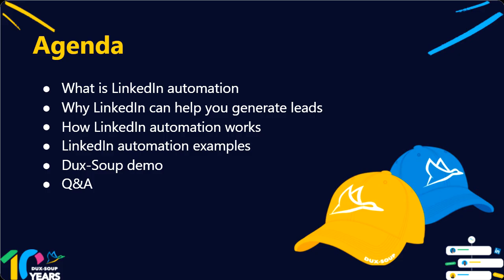Giles has got some terrific examples. He's got a wealth of experience in setting up, managing, monitoring, improving and tweaking campaigns, so there's a ton of really invaluable advice that he can bring. Giles will also be doing a demo of the product, so you can see in a live sense exactly how the product works and how it relates to what we're talking about in terms of generating leads on LinkedIn.